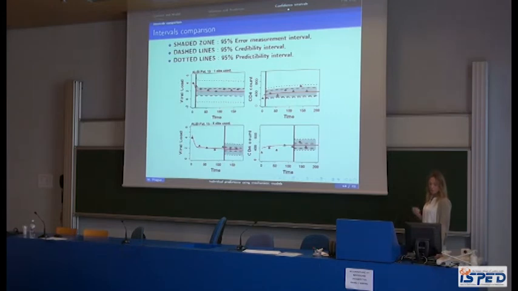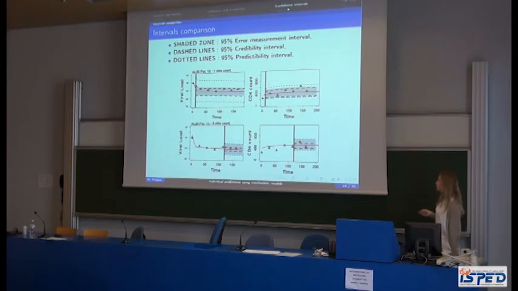So to finish, I just want to show you the comparison between those intervals, and especially between the credibility interval and the error measurement interval. On the upper graph, you can see that we used only one observation to draw the individual prediction and the confidence interval, whereas on the graph in the bottom, we used 5 observations.